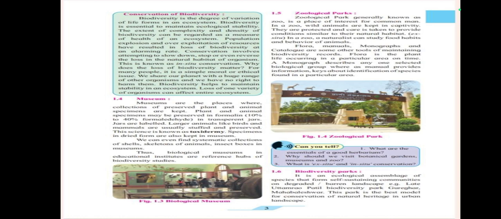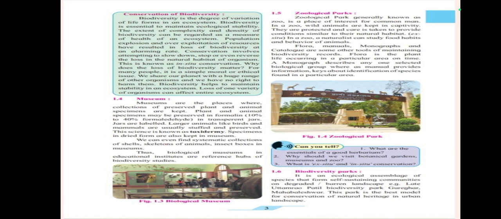Biodiversity parks. It is an ecological assemblage of species that form self-sustaining communities on a degraded, barren landscape. Example: Late Autumnbrack Patil University Park, Guregar, Mahabaleshwar.